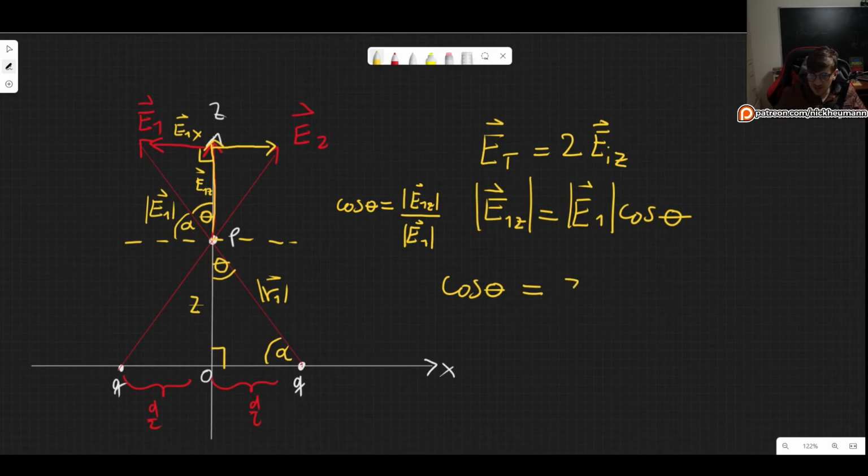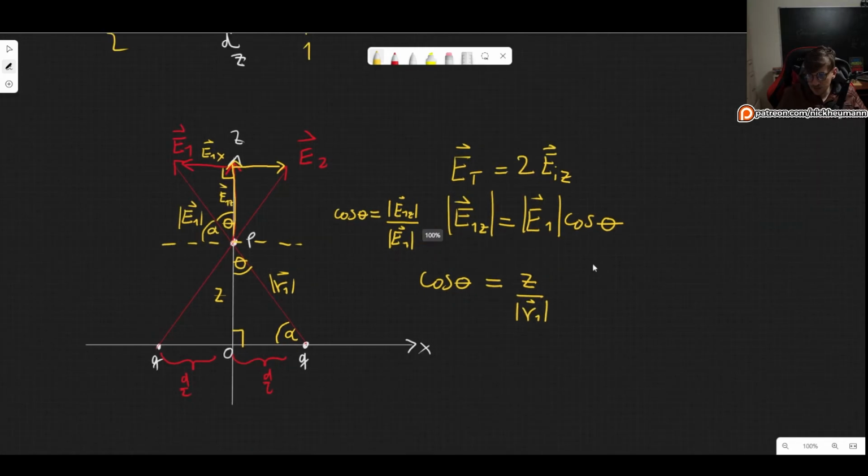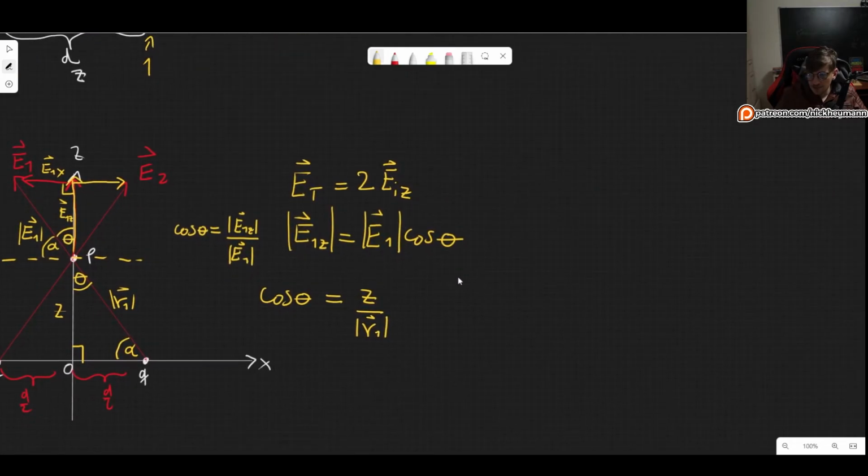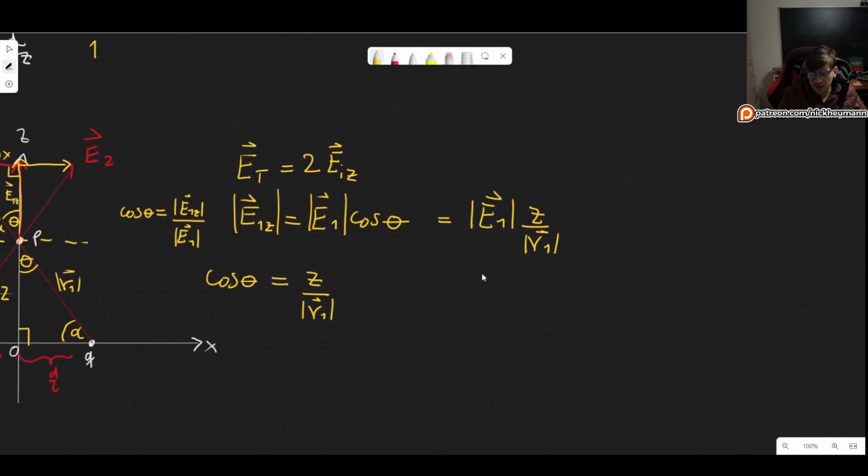So the adjacent is z, and the hypotenuse is the modulus of r1. So we can now plug this in here. So here we get the modulus of E1 times cosine, which is z over r1. Okay, so that is the modulus of the electric field due to charge 1 in the z direction.